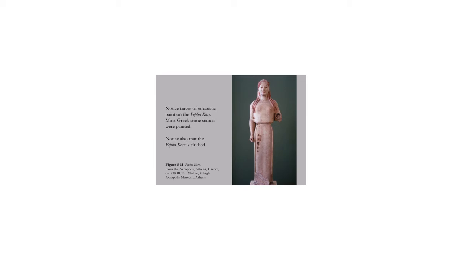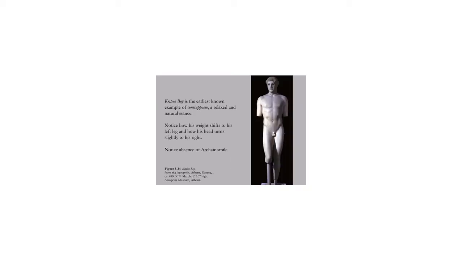These things faded over time. And it wasn't until not that long ago that art historians and conservationists knew that color was actually a very important part of Greek statuary. This is a far more realistic rendering as we go through the trajectory of statuary at this time.